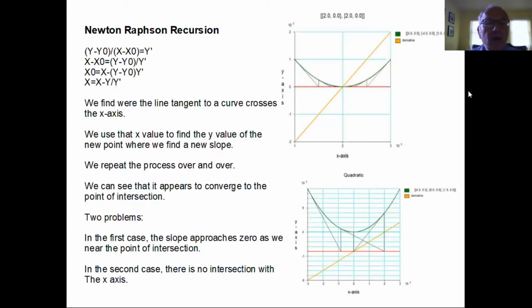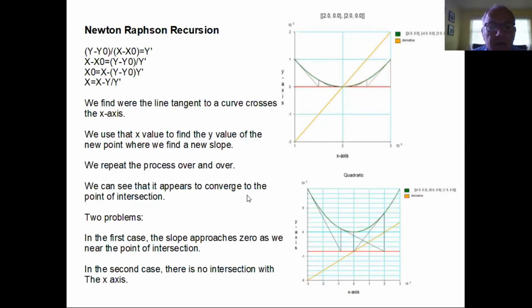If we then solve that equation and replace x0 with x and y0 with y, we find the tangent to a point on our curve and project that tangent to the zero line, we get a new x value, and then find the corresponding point on that curve and continue doing the tangents. And we expect the results to converge to the value where the zero of the curve is. We repeat this process, of course, over and over again.